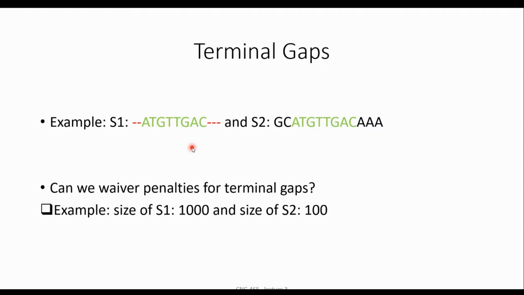But why are they useful? Because if you are comparing two sequences together and one of them is very long and the other one is relatively much shorter, terminal gaps could be very useful for us. Assume that you have this sequence, and it 100% matches this sequence inside the other long sequence.